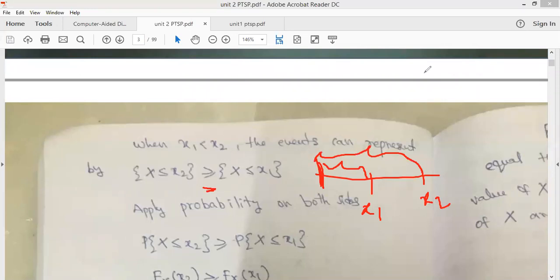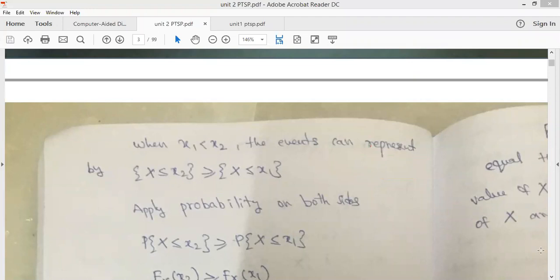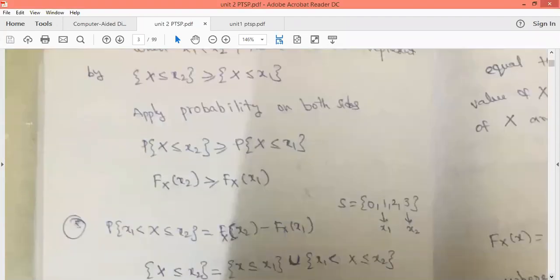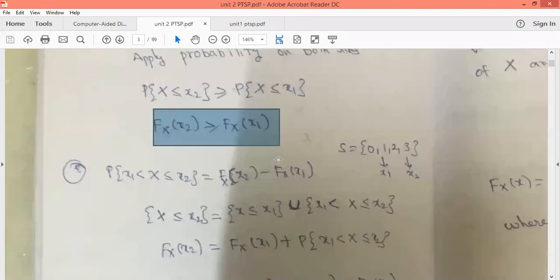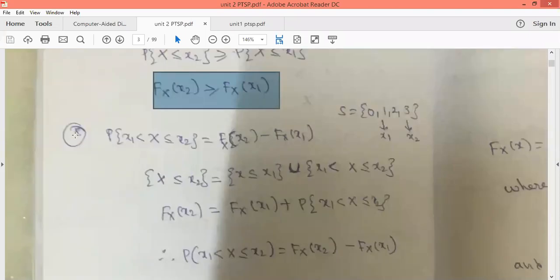From this we can say that F_X(x2) will always be greater than or equal to F_X(x1). The fifth property says that the probability of x1 less than X less than or equal to x2 is equal to F_X(x2) minus F_X(x1).